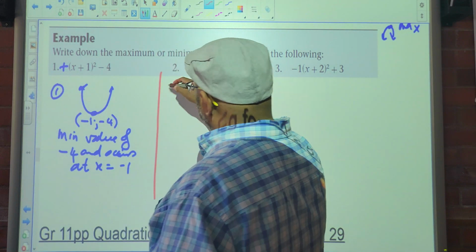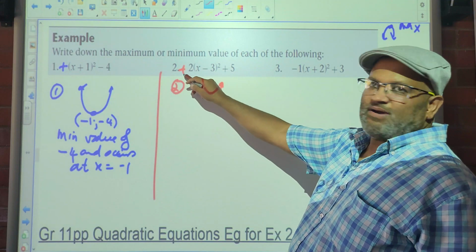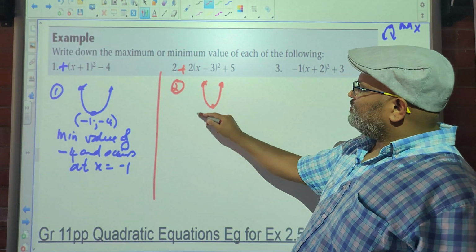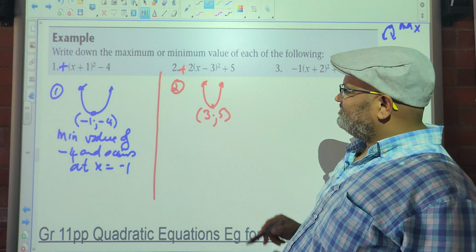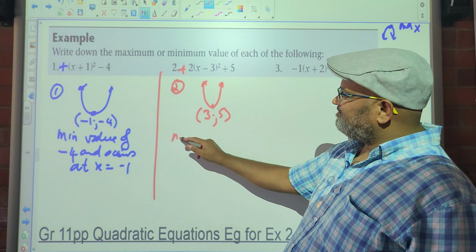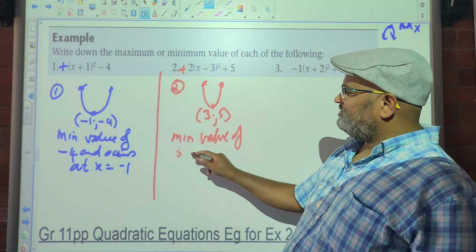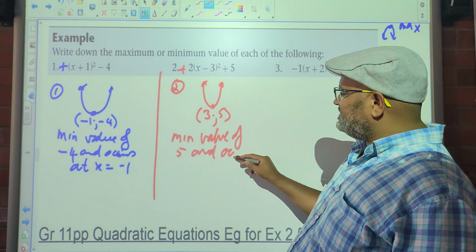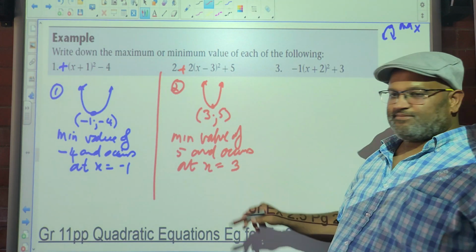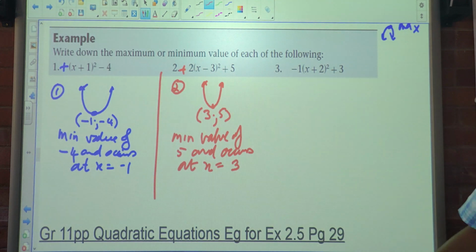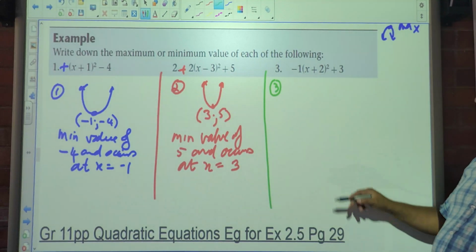Number 2. Minimum or maximum? Minimum. The graph is smiling, it's positive. What are the coordinates of the turning point? 3 and 5. So this graph has a minimum value of 5 and occurs at x is equal to 3. And of course, number 3, this graph will have a maximum.